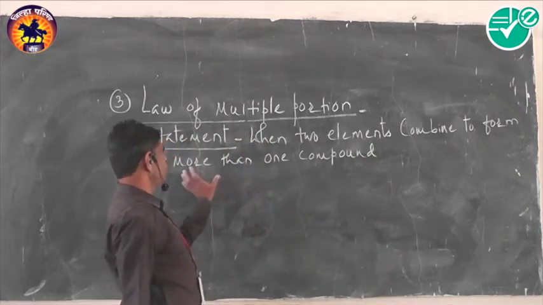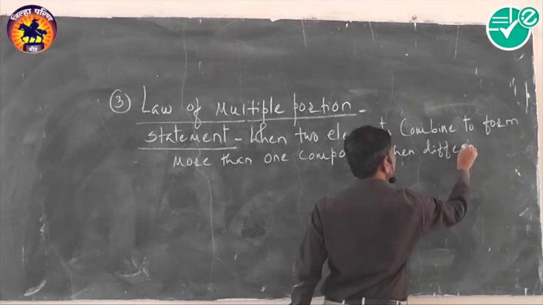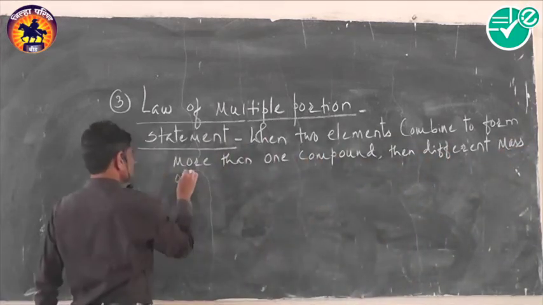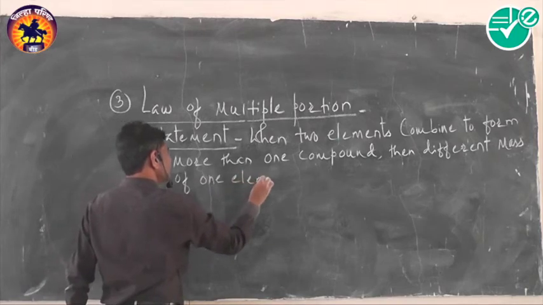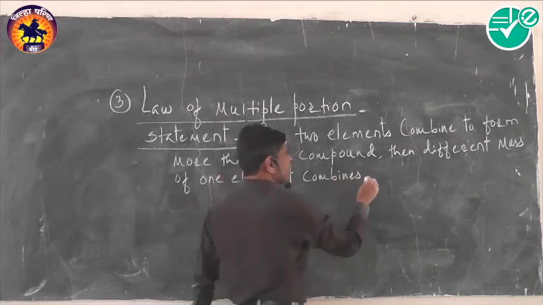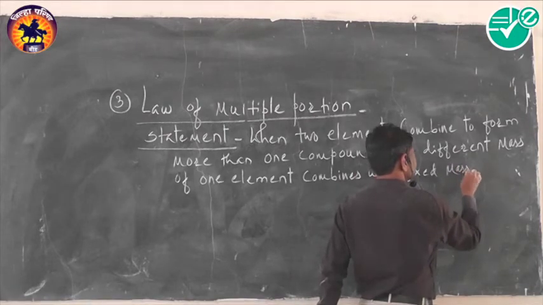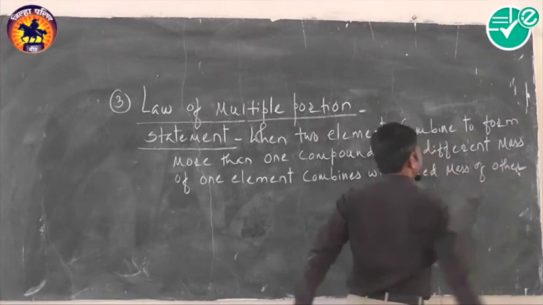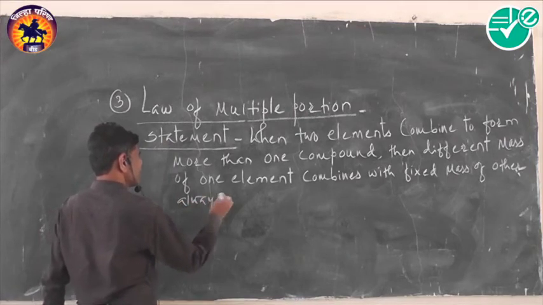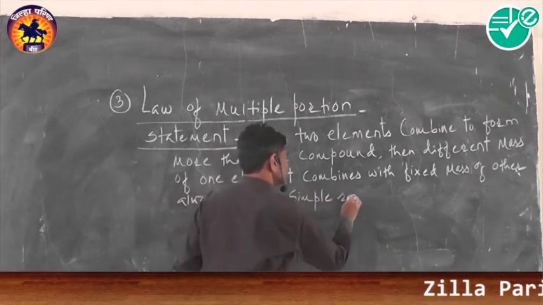When two elements combine to form more than one compound, then different masses of one element combine with a fixed mass of the other, and always form a simple ratio.